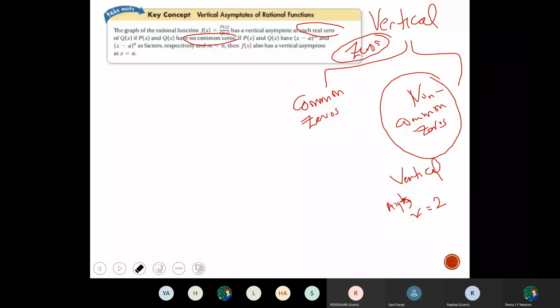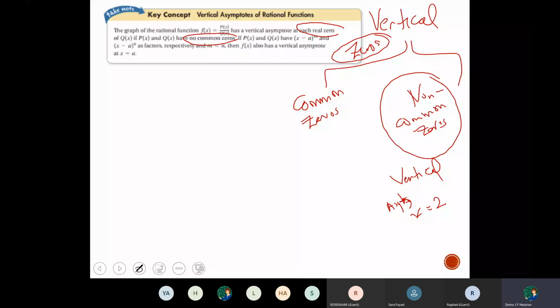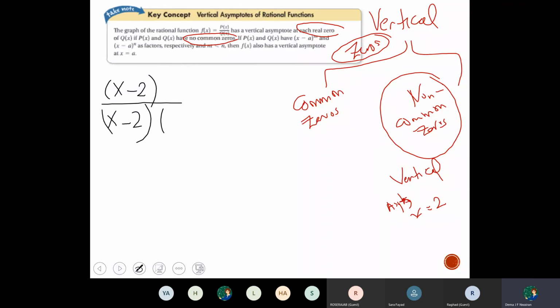Now, what about if we have common zeros? As an example, x minus 2 over x minus 2 times x plus 3. For this function, do we have common zeros?